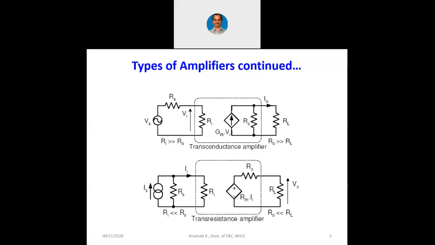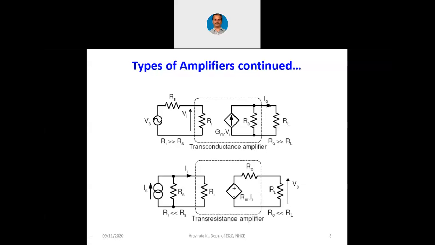Or at times the input signal's current needs to be converted into voltage at the output. So in such cases, we are going to use the transconductance amplifier and the transresistance amplifier. So we have seen basically 4 types of amplifiers: voltage amplifier, current amplifier, transconductance amplifier, and transresistance amplifier.